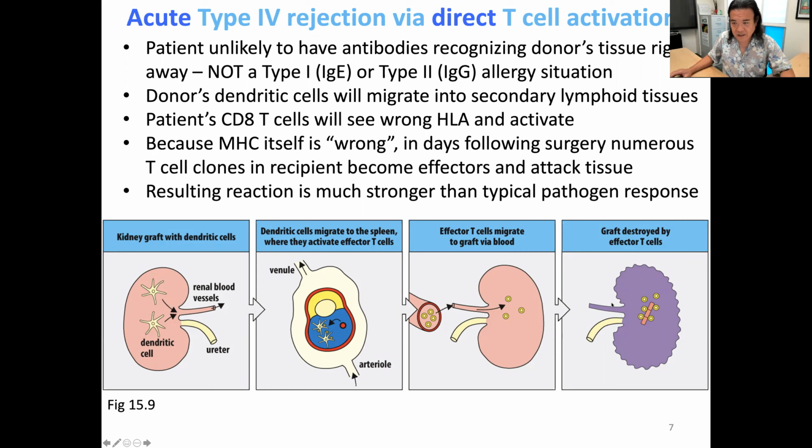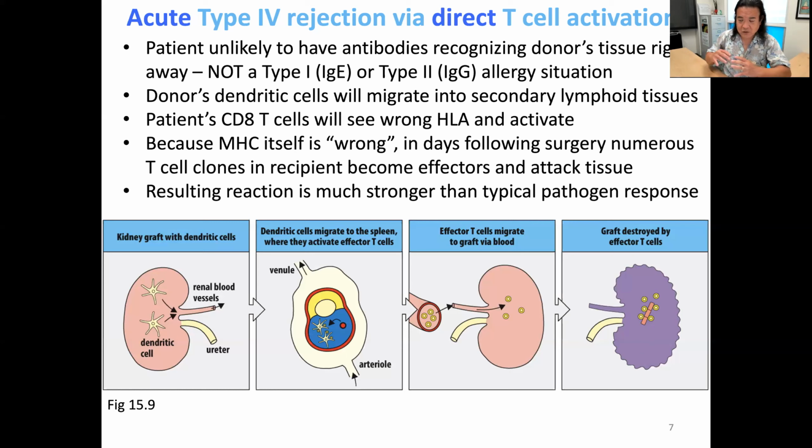And so then the T cells begin to attack the kidney tissues, all of the cells of the kidney that came from the donor. And this happens over the course of several days. So it's not hyperacute. It's not the super strong ABO blood type mismatch response that the immune system has, that might actually destroy something like this kidney within just a few hours.